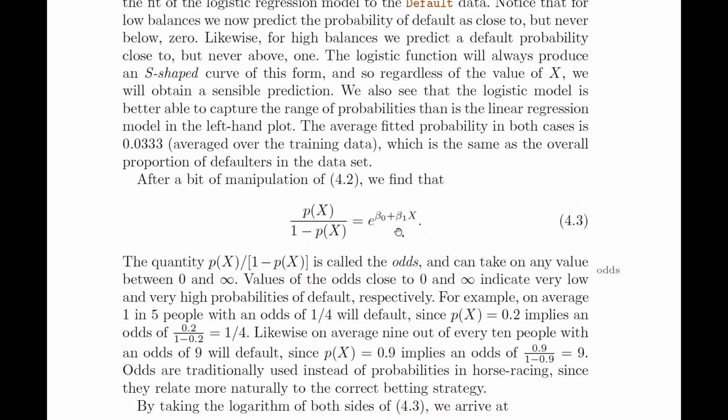And we created this relationship where the odds is equal to, that's Euler's constant, e, to the beta naught plus beta 1 x. And we're probably going to start looking into how we would actually determine beta naught and beta 1.